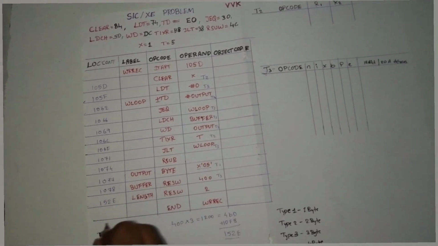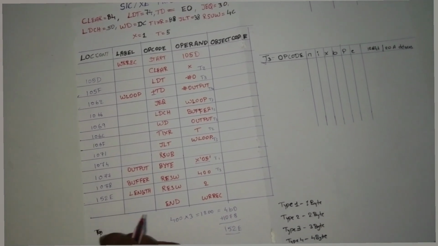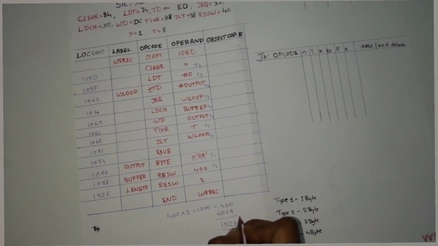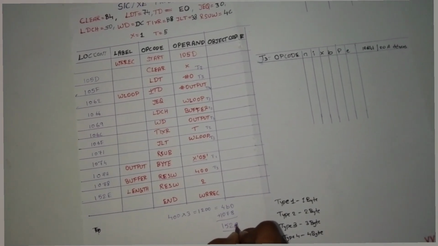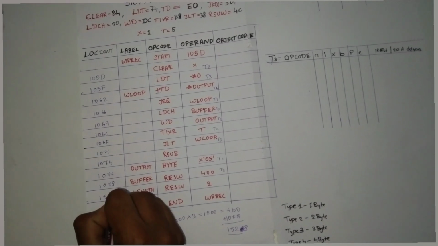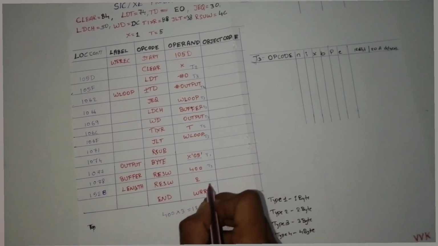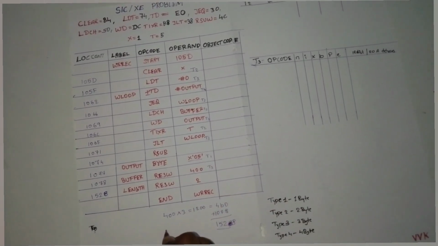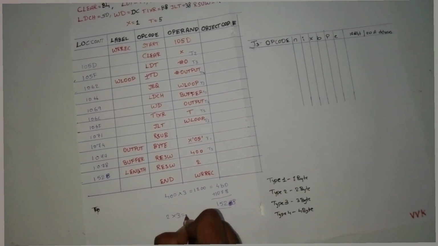152e will be the opcode for the next one, and the last one, 1015, sorry, 1528, it is 28. Here again they have given us 2, so 2 into 3, that is 6.